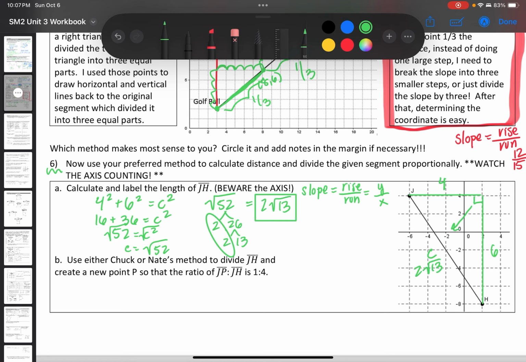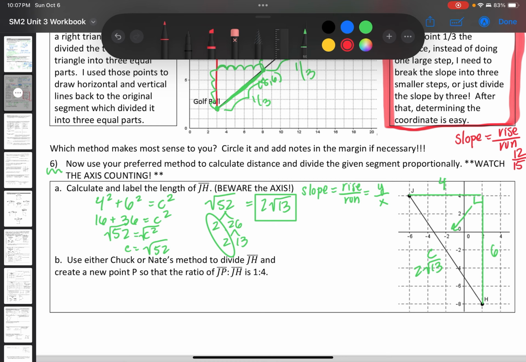Now that I found the distance between J and H, let's use either Chuck or Nate's method to divide JH and create a new point P so that the ratio of JP over JH is 1/4.